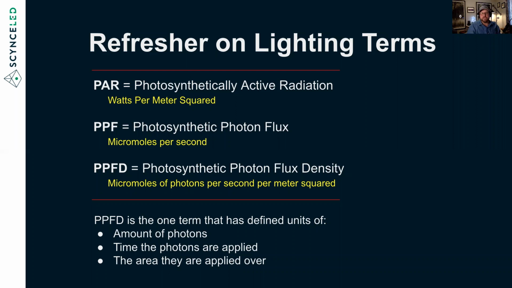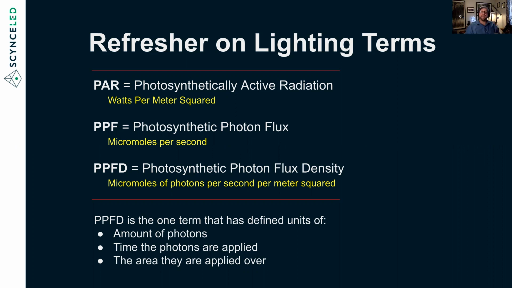So you don't see that much anymore. So what you see more often nowadays is the PPF. PPF is a strange term because it can kind of get muddled a little bit with the next term, PPFD, and we'll jump into that here in a second. But for now, PPF, photosynthetic photon flux, that's micromoles per second.